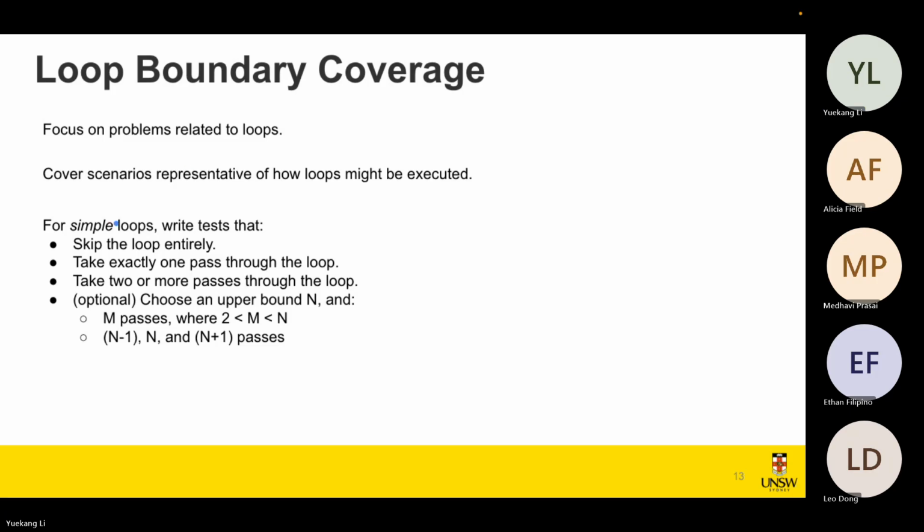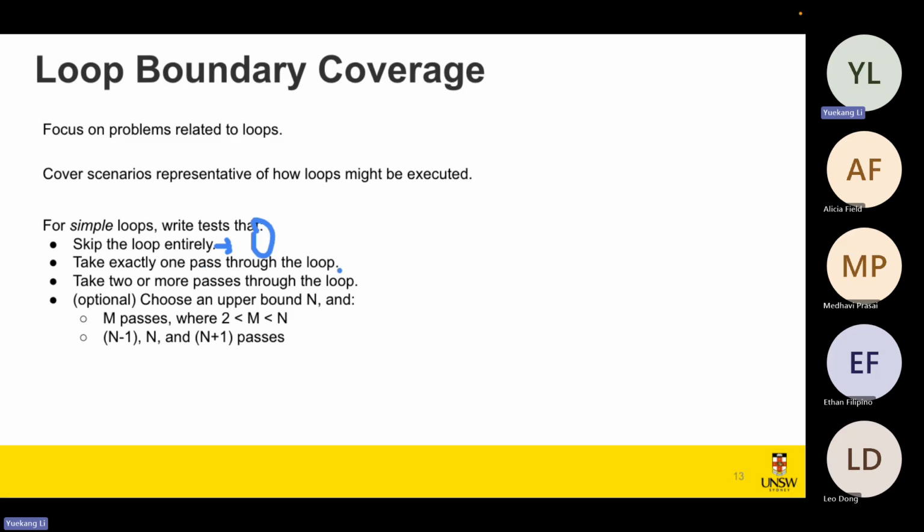So the idea is for simple loops. Simple means there's no nested loop, so there's no loop inside a loop. A simple loop could have subpaths in the loop, but there are no other loops inside this loop. So for a simple loop, we can write a test case that skips the loop entirely, which means that we are looping 0 times, right?